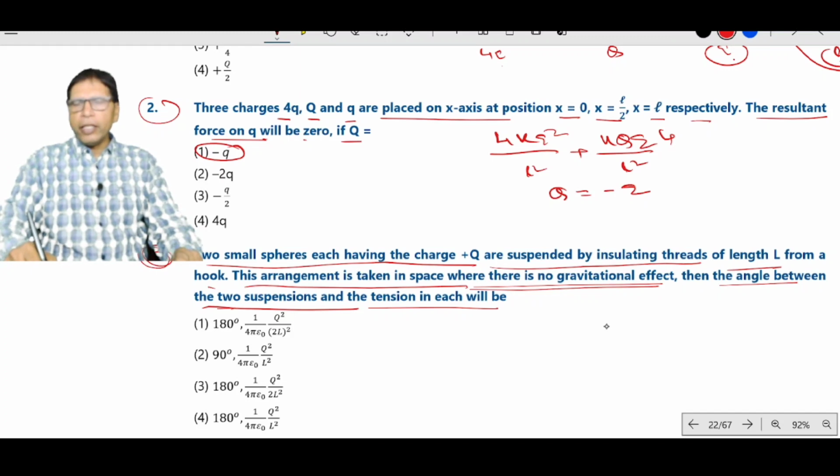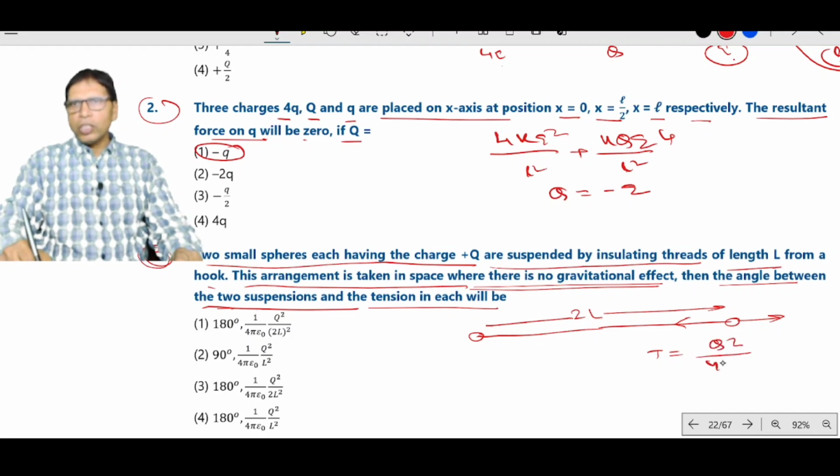Look at this, in the gravitational-free field, the angle between the two strings becomes 180 degrees and the distance between the two charges becomes L plus L. So tension T is equal to the repulsive force. So T equals q square by 4 pi epsilon naught into (2L) whole square. Option 1 is correct.